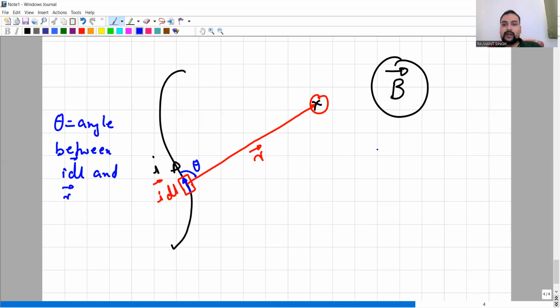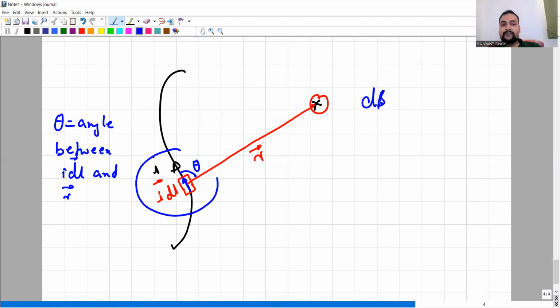This Idl is going to create a magnetic field here, and I'm going to call that magnetic field dB. Not the whole B, but only dB. That means I'm going to calculate only a small magnetic field created by only this current element.